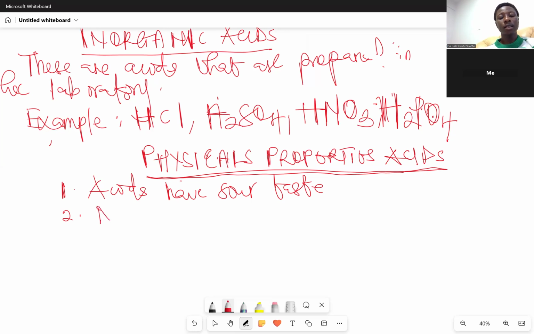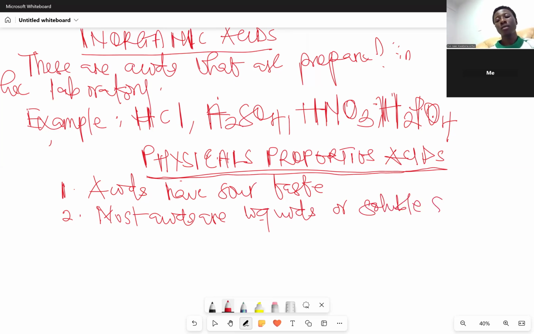Most acids are liquids or soluble solids in water. Next one.